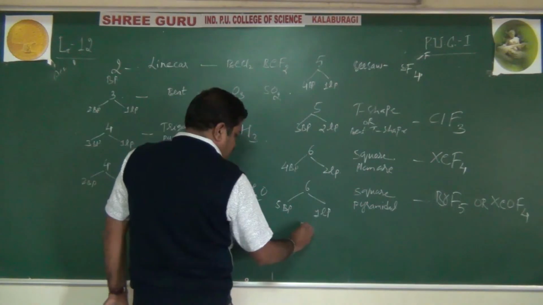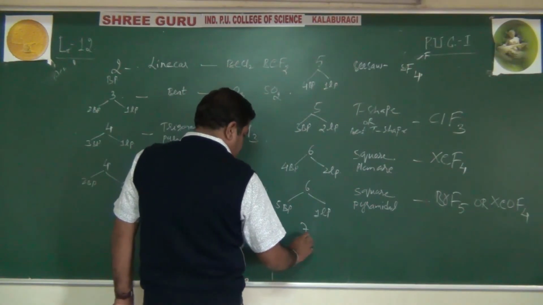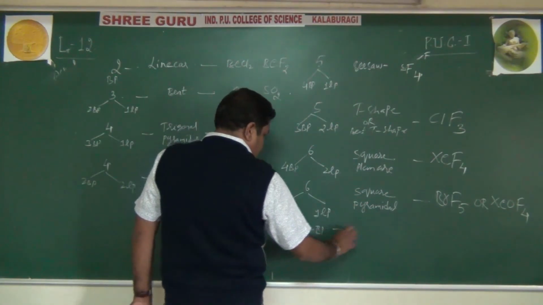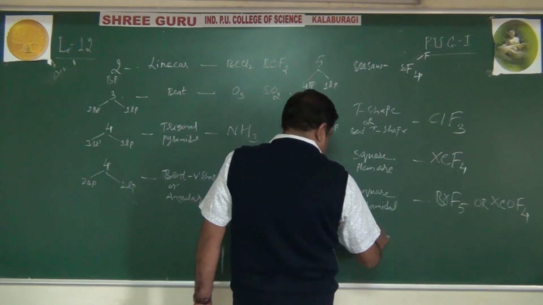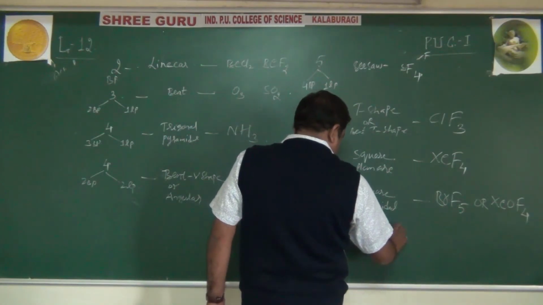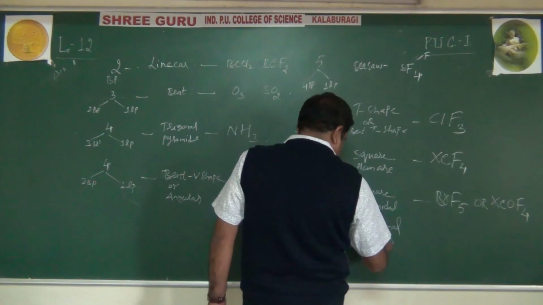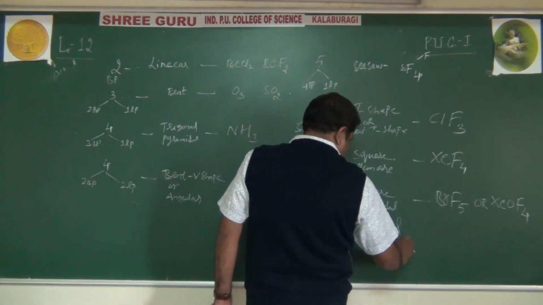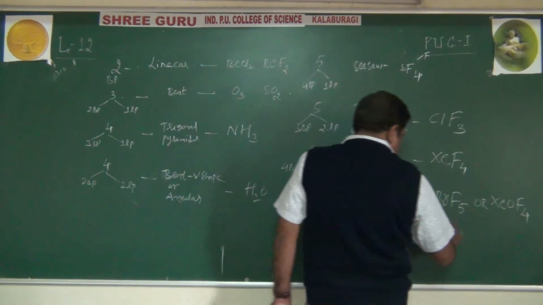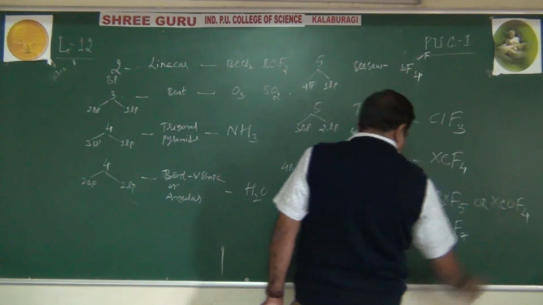7: it is all 7 bonding pairs. Okay, pentagonal bipyramidal. It is iodine heptafluoride, best example.